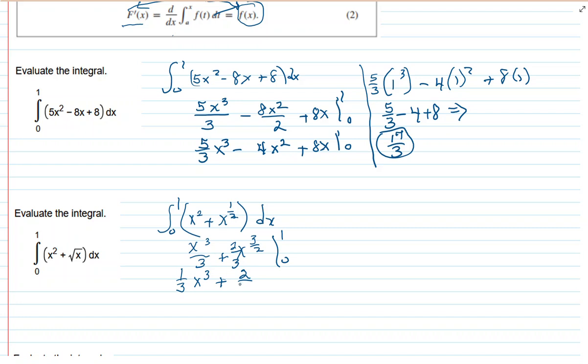We're dividing by the 3/2, so that's a reciprocal. And now we're going to apply our answers. So I'm going to have 1/3 plus 2/3 minus 0 plus 0 for the bottom part.